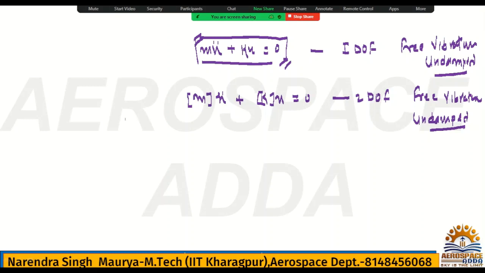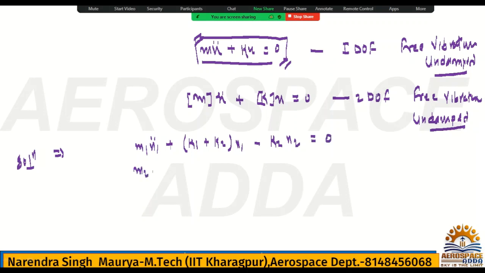Right, so now we have to go for the solution of this equation. How to go for the solution? Again, I will expand this matrix into two equations. So m1 x1 double dot plus (k1 plus k2) x1, I have told you this is a function of time, minus k2 x2 equal to 0.